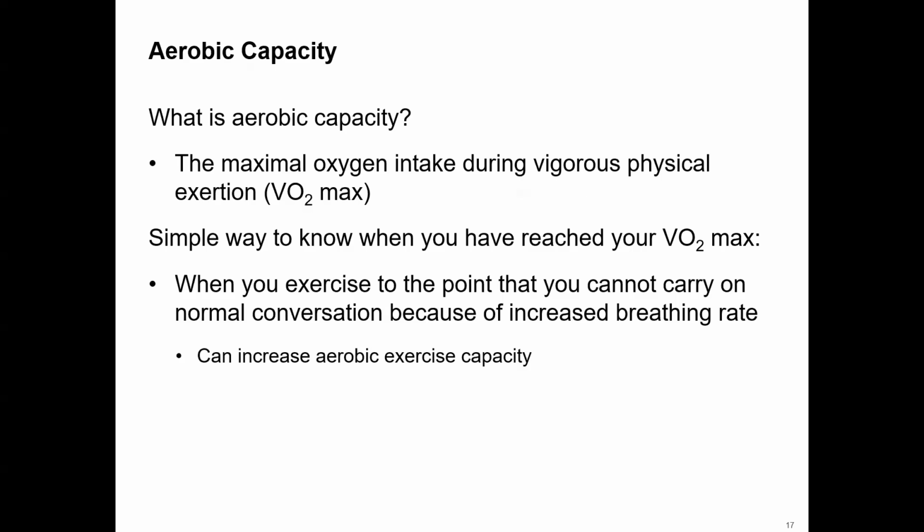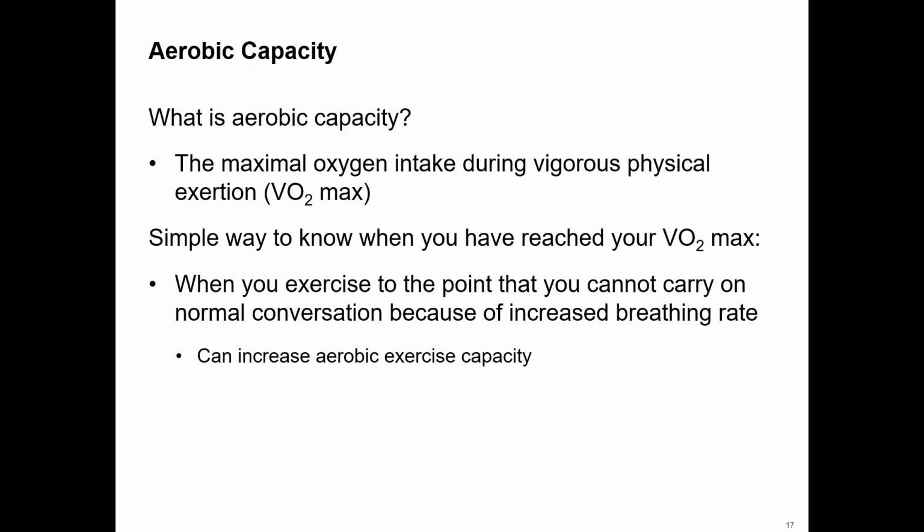Some of that is because we may have reached what's called the aerobic maximum, or the VO2 max. There is a limit to how much oxygen we can get into our lungs and into the bloodstream and into our organs. That's called a VO2 max, a maximum amount of oxygen intake during these physical activities.